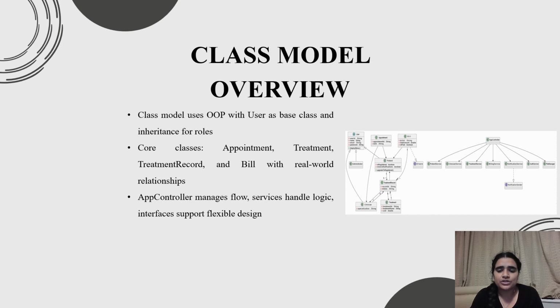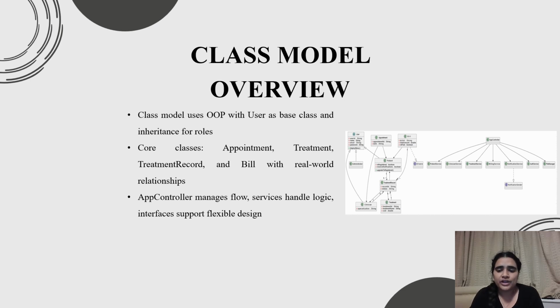The abstract user class is a base class to the other classes, patient, clinician, and administrator, as an instance of inheritance. Some of the most basic classes within the system are appointment, treatment record, and bill. Real-world linkages are mimicked in the relationships among these classes, such as the numerous treatment records of a patient.